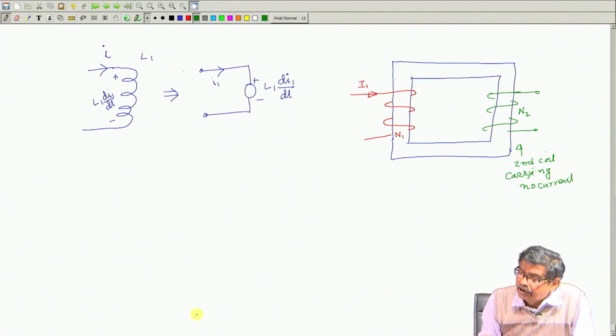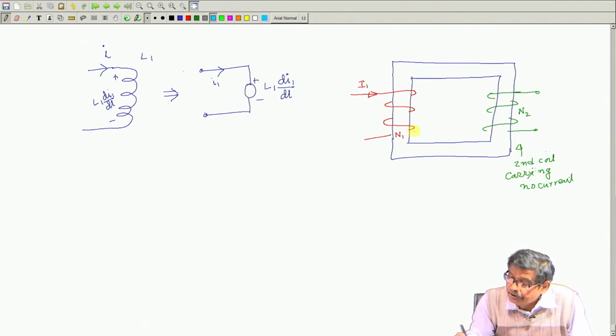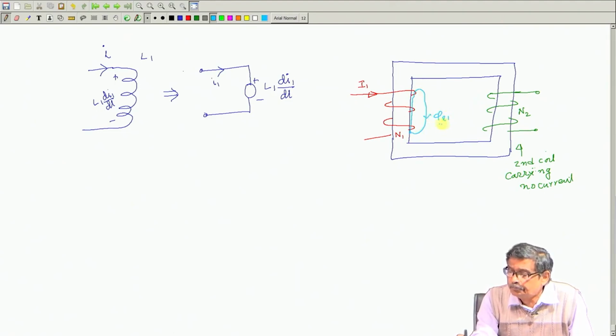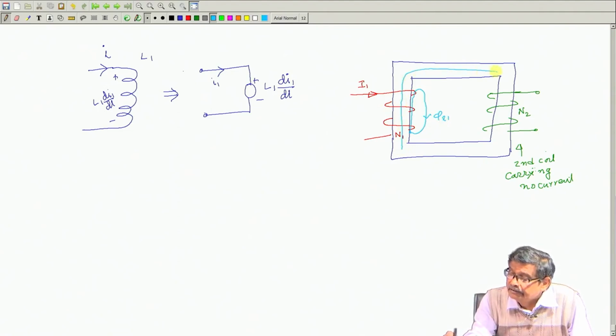And if the first coil carries current, we have seen that it will produce a leakage flux here, phi L1. This one indicates who has produced this flux, coil 1 current I1 has produced, that is why 1, and there will be a mutual flux like this, which is phi m1.